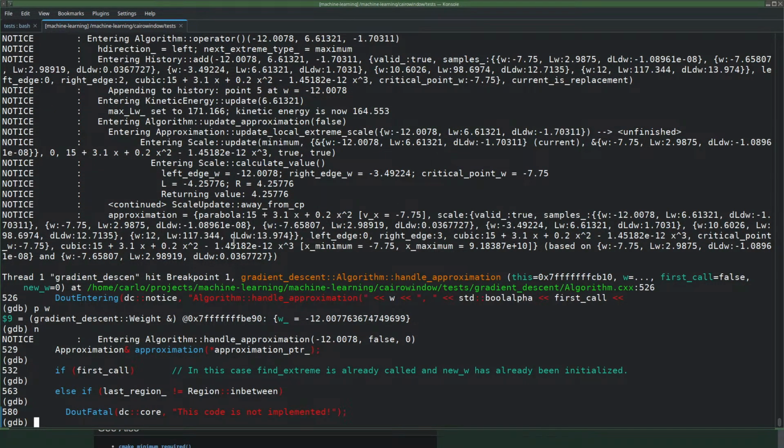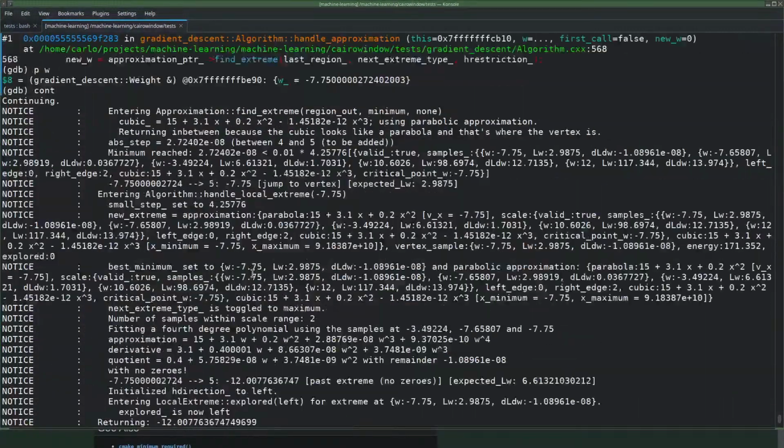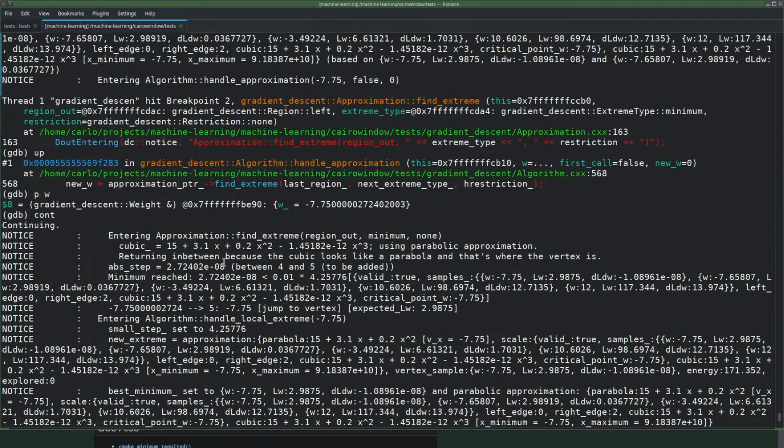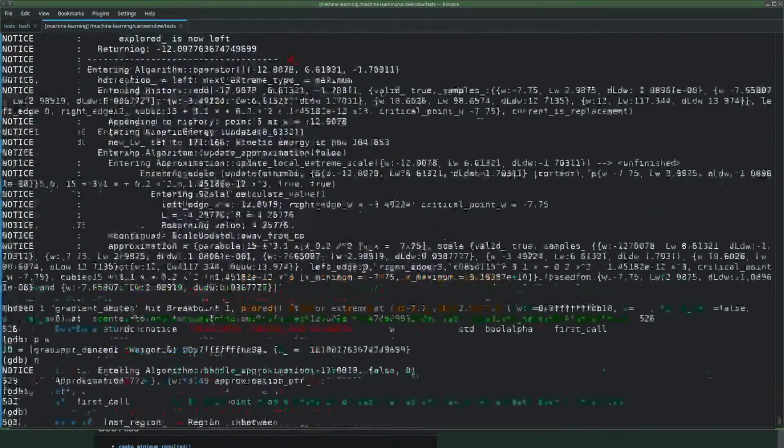Yeah. The last time we stopped in breakpoint 2 was here, and at that moment W was the critical point. So I have to wait until we get here. Let's run it again.